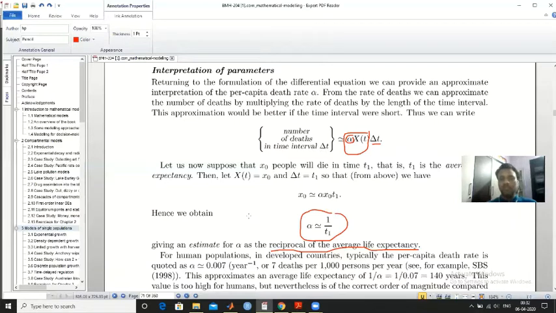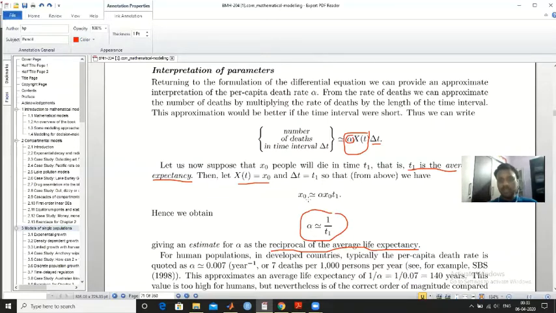Now, to find t1, the average life expectancy of that species, take x(t) equal to x naught. If you put the number of deaths in the time interval equal to x naught, meaning initially there are x naught in the population and all the individuals will die, you have to find that time.